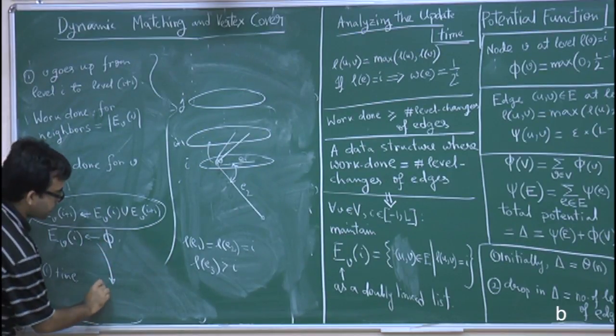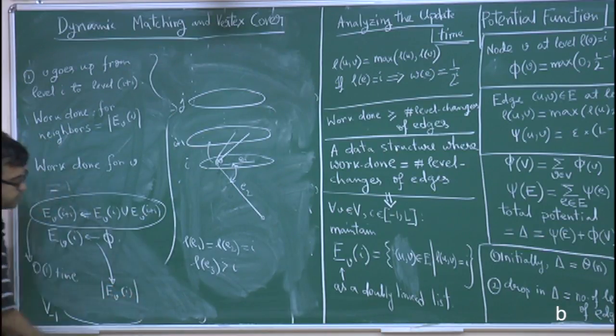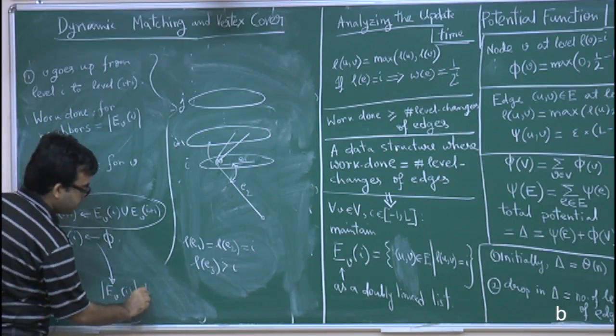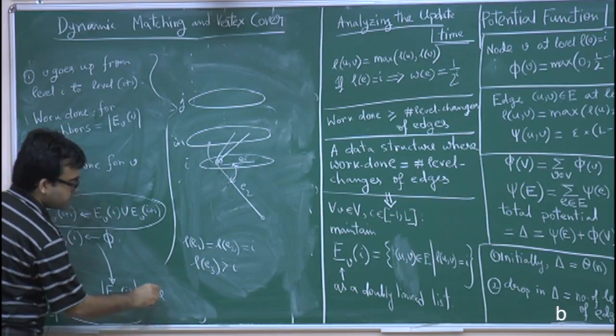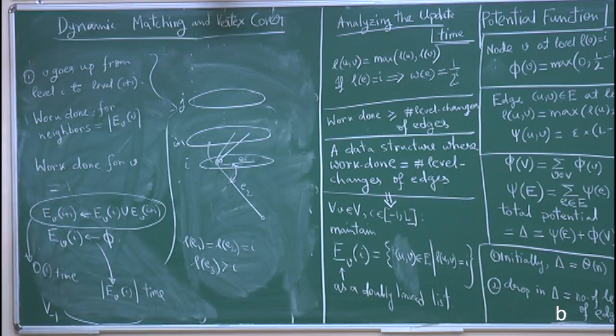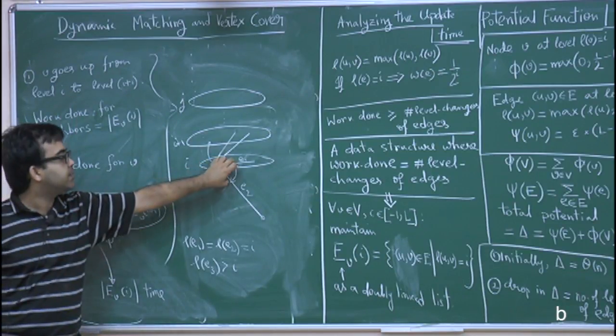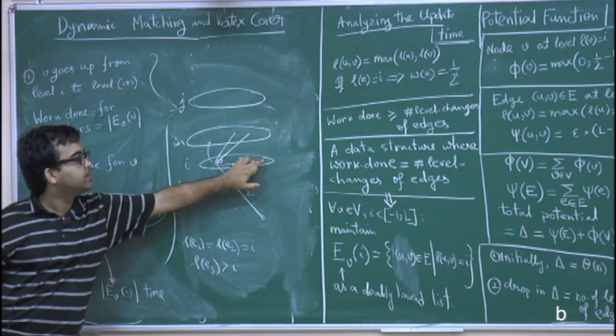This will take time proportional to the size of this list, because you need to visit all the elements in this list and then delete them from this list. Okay. So, in both the cases you see that the total work done was the number of neighbors V has, which is at level I or below.